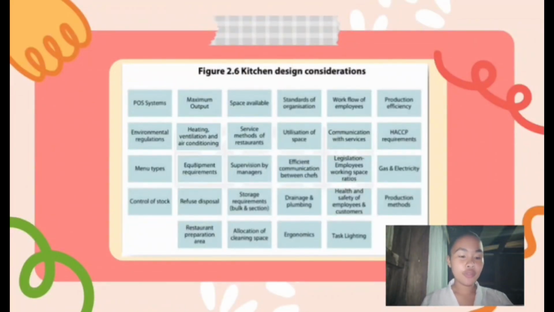So next is figure 2.6 kitchen design considerations.